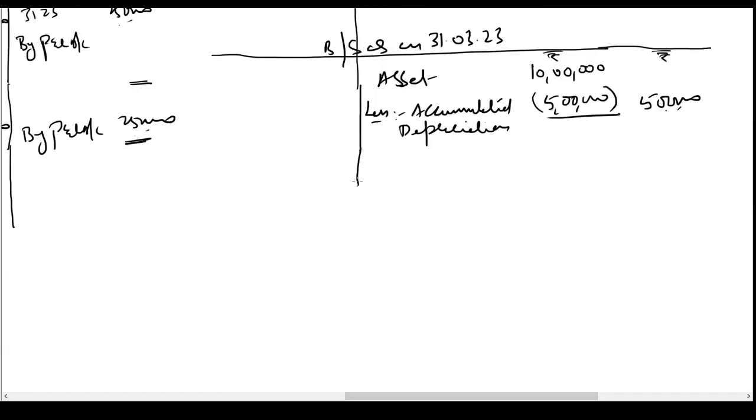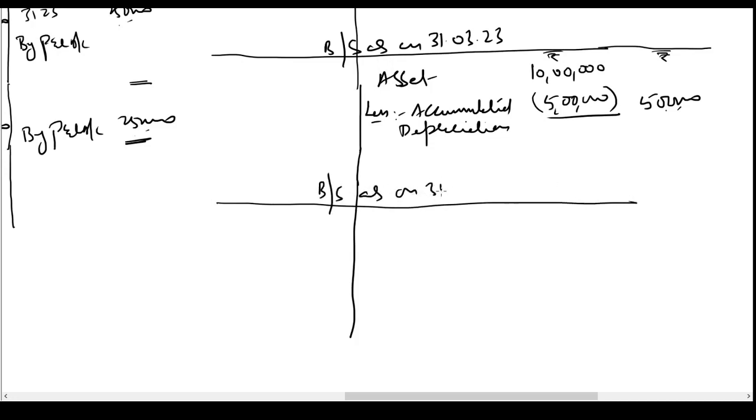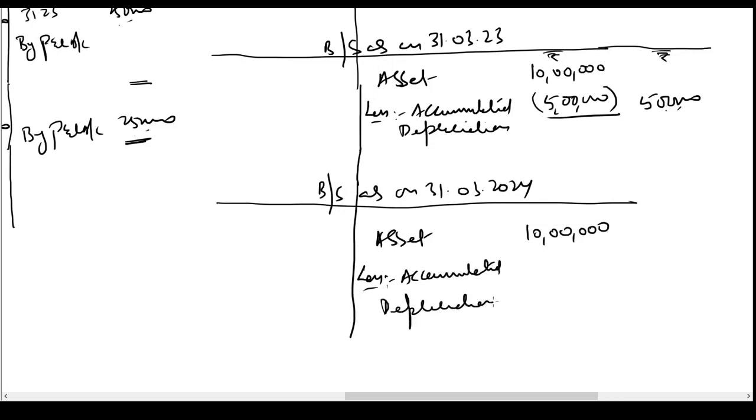Now if I am preparing the balance sheet as on 31st March 24, asset inner column will continue to show at original cost 10 lakh less accumulated depreciation. It is now 7,50,000. Outer column I'll show 2,50,000.